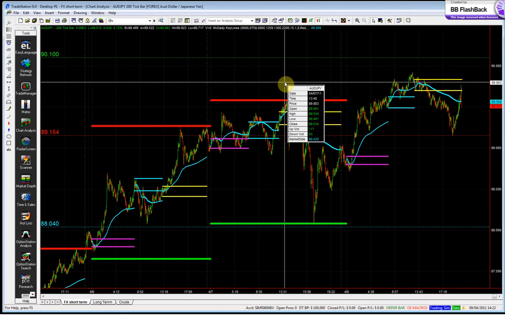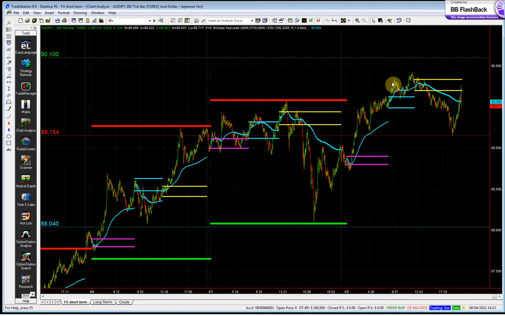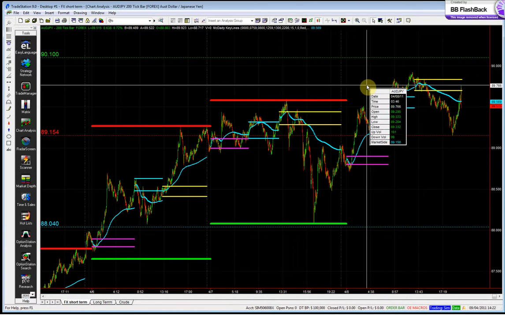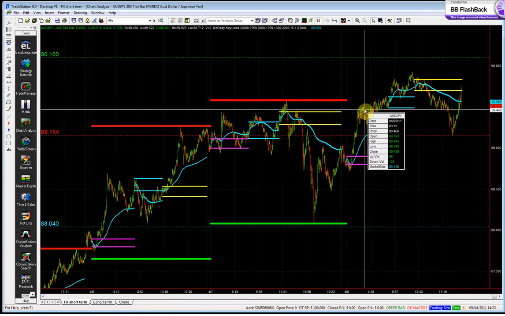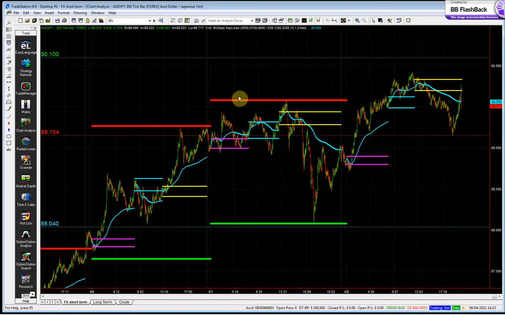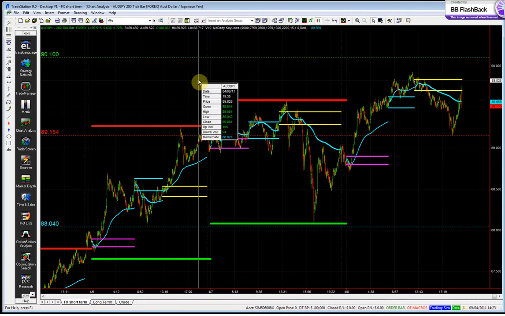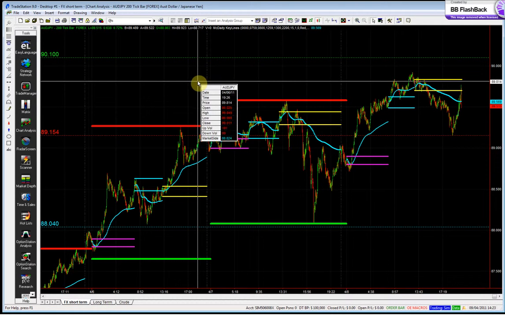Now 89.80 accommodates these two highs. It would be back in the opening range of the US session, but that is null and void. If you've got appetite for a wider stop, then by all means bring it back below the previous daily high. But 89.80 is going to be our long stop level.